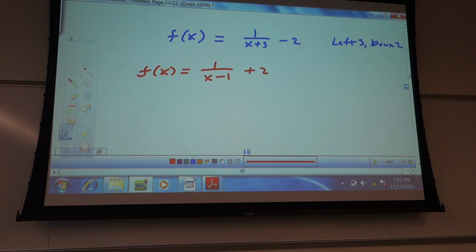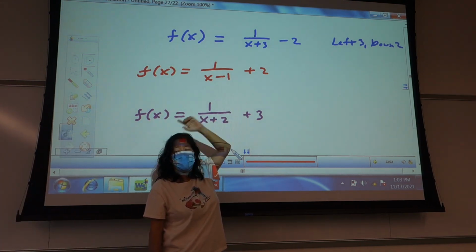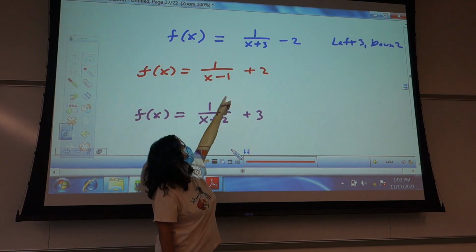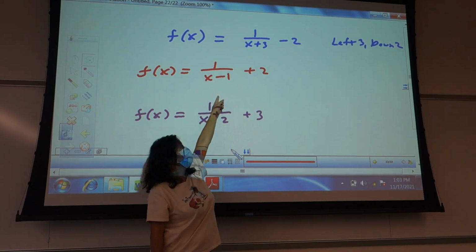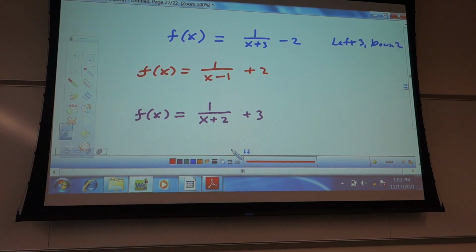What's that one? Okay, the red one. What's my left-right shift? Right 1. And then what's my up-down shift? Up 2. Good.